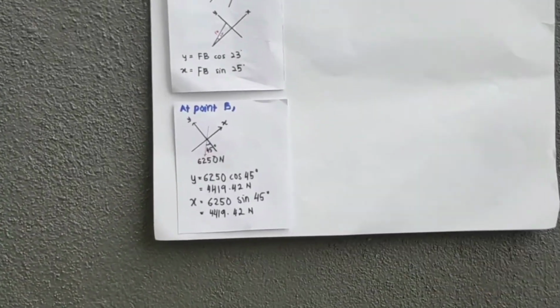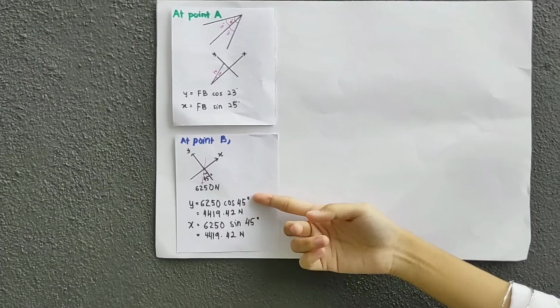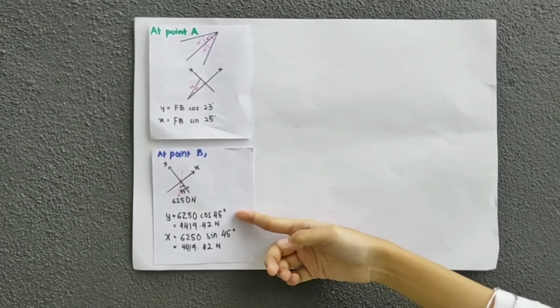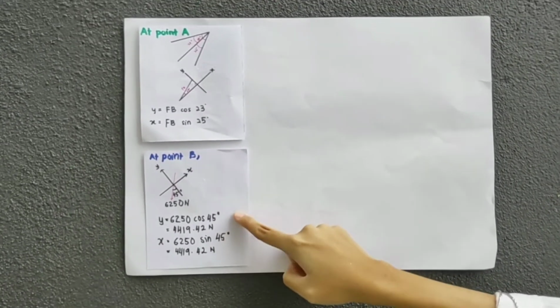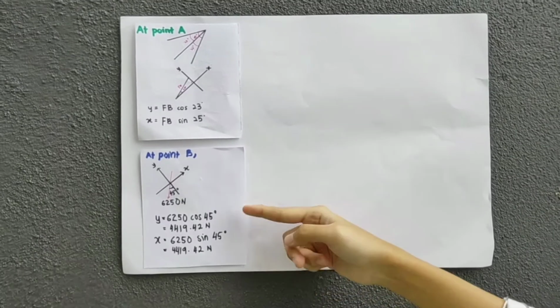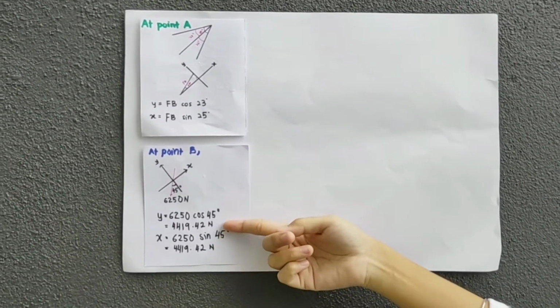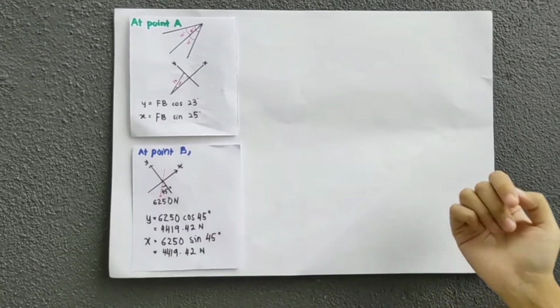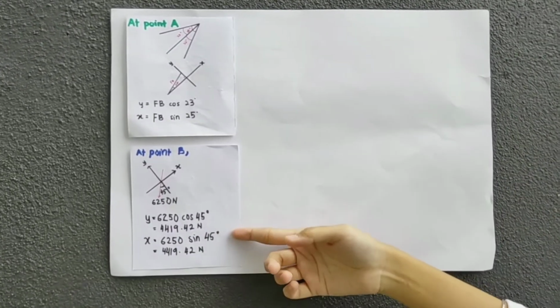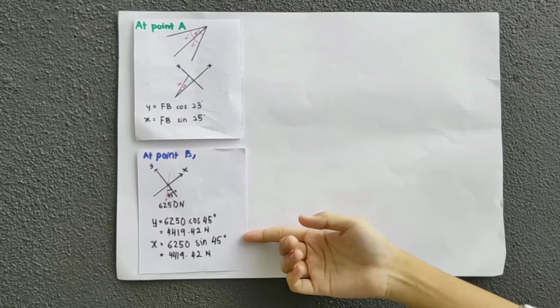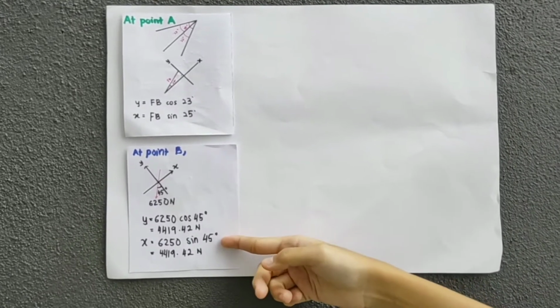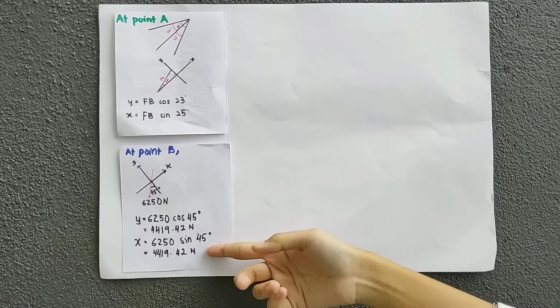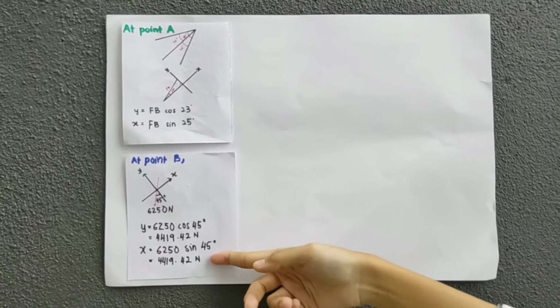So the force at the y-axis is equal to 6,250 cos 45 degree, which gives 4,419.42 Newton. Next, the force at the x-axis is equal to 6,250 sin 45, so the answer is 4,419.42 Newton.